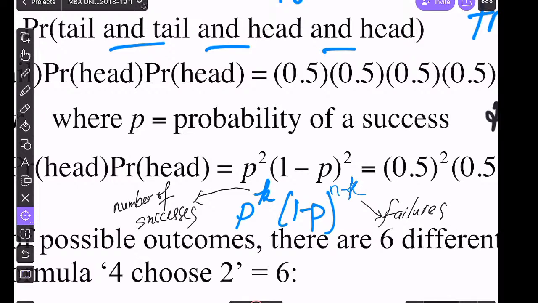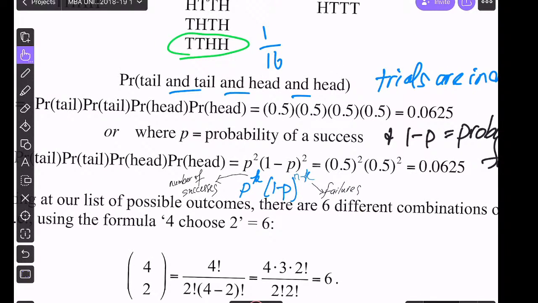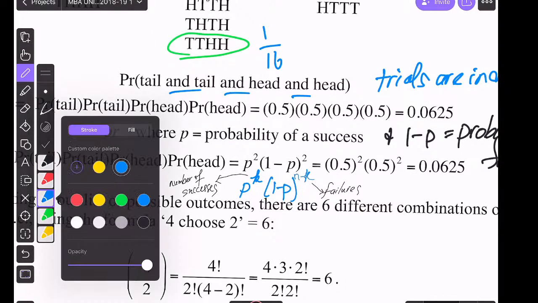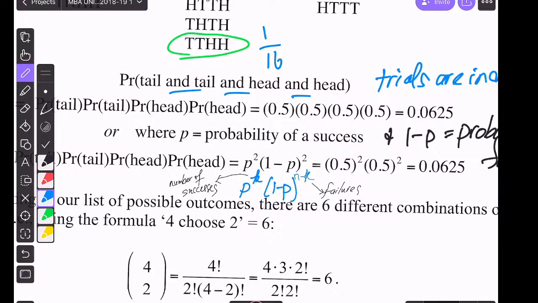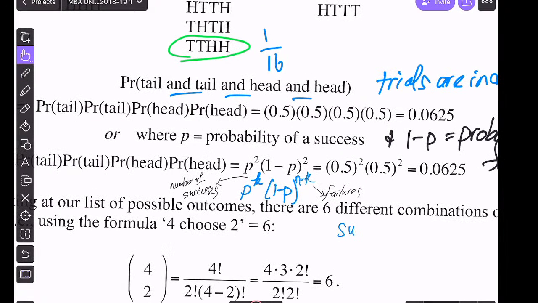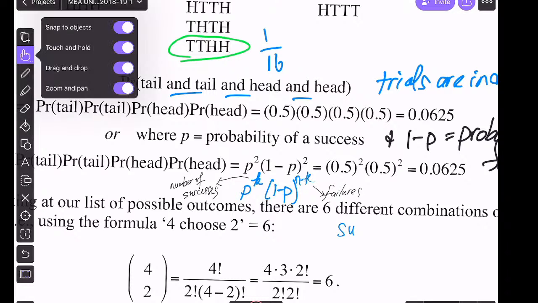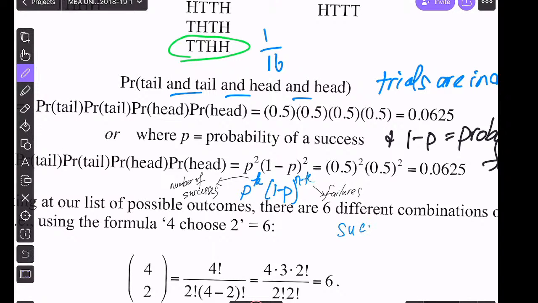Success and failures should add up to what? Should be the total.